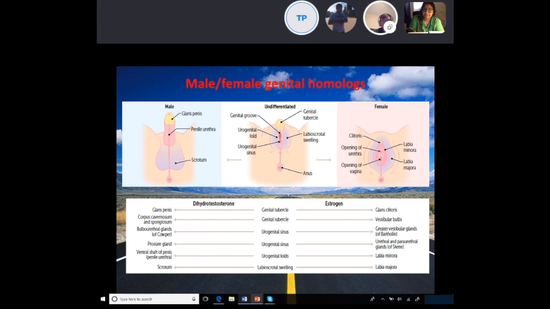So then the other takeaway from this would be that if you don't have either Mullerian inhibitory factor or DHT, you're going to end up with a child born with undifferentiated, ambiguous genitalia, where it's kind of a penis, kind of a clitoris.